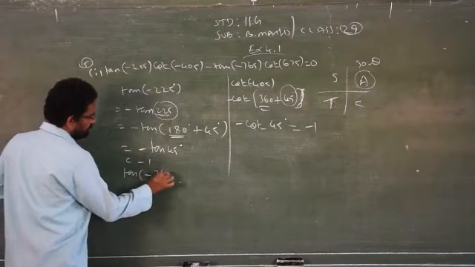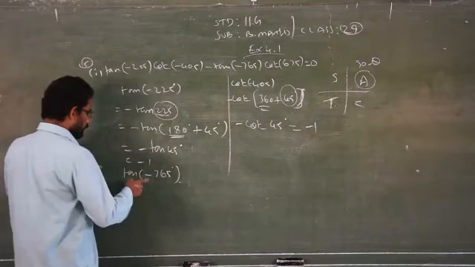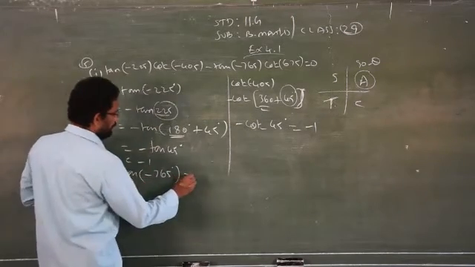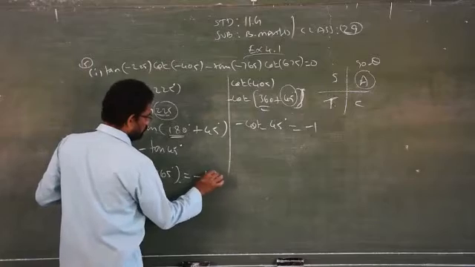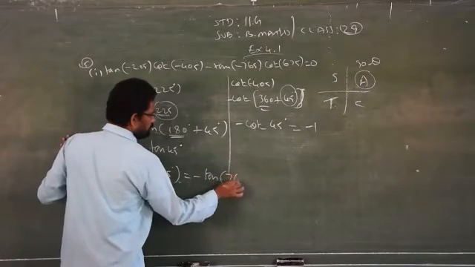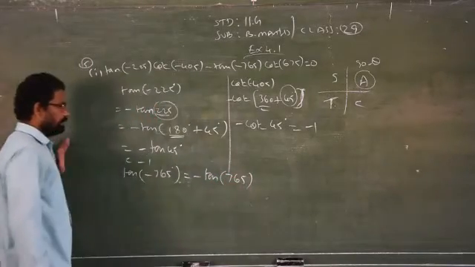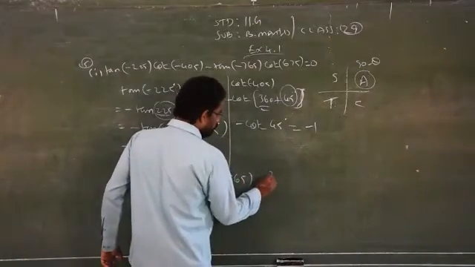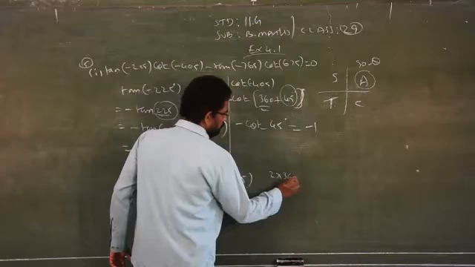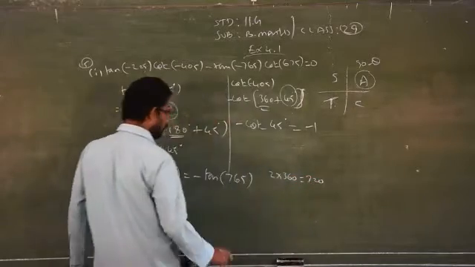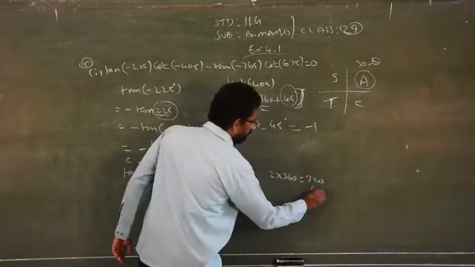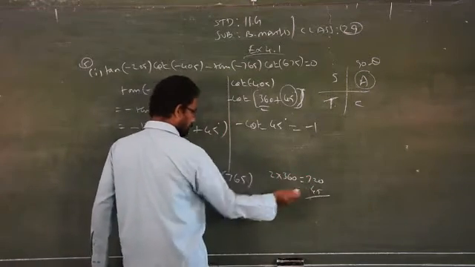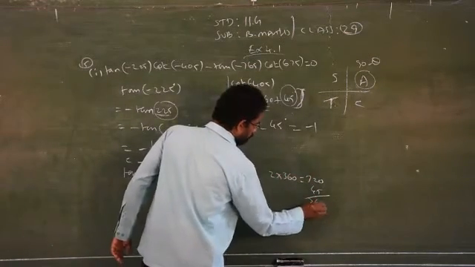So the next one: tan minus 765 degrees. Tan is not an even function, it is an odd function, therefore minus tan 765 degrees. For 765 degrees, you know that 2 times 360 is equal to how much? 720. So 45. When I am adding 45 to 2 times 360, I get 765.